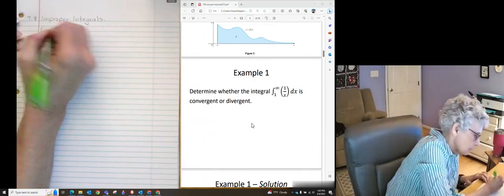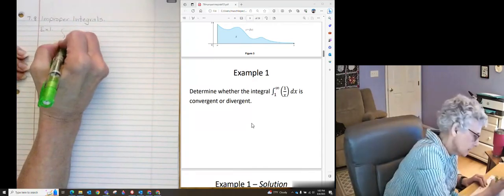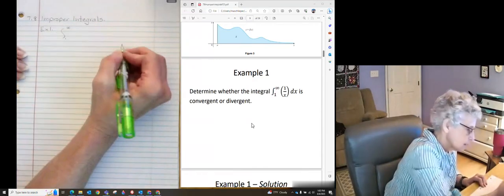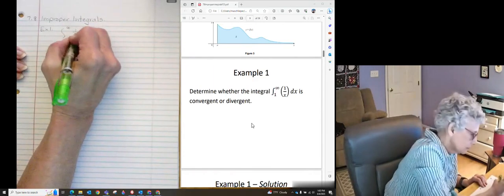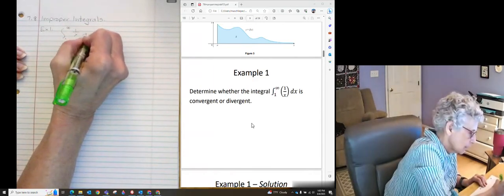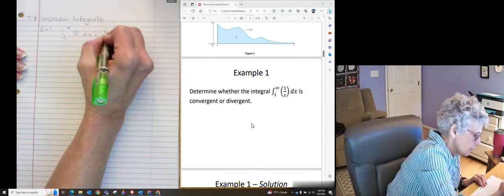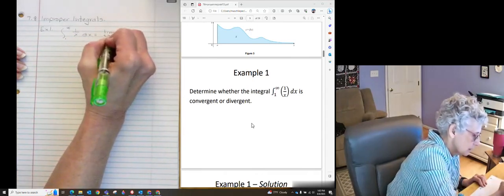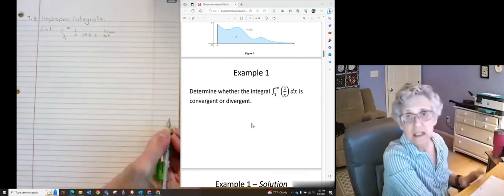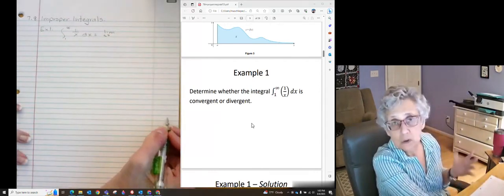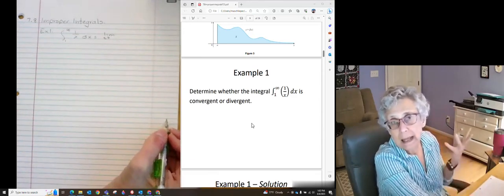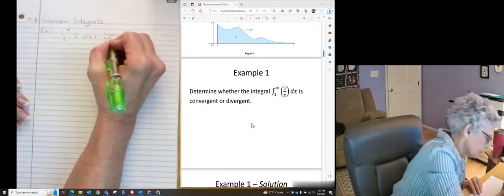So example 1, we want to look at the integral from 1 to infinity of 1 over x dx. So limit, and t is just what I'm using. You could use b, you could use k, whatever you want to.